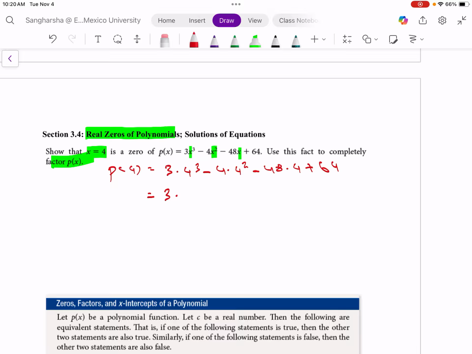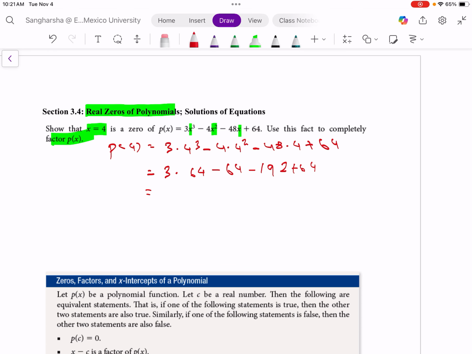That's 64. Then 3 times 64 is 192. Then minus 4 times 16 is 64, and minus 48 times 4 is 192. Okay, the 192 cancels, the negative 64 and positive 64 are gone, and this is 0. So p of 4 is equal to 0.